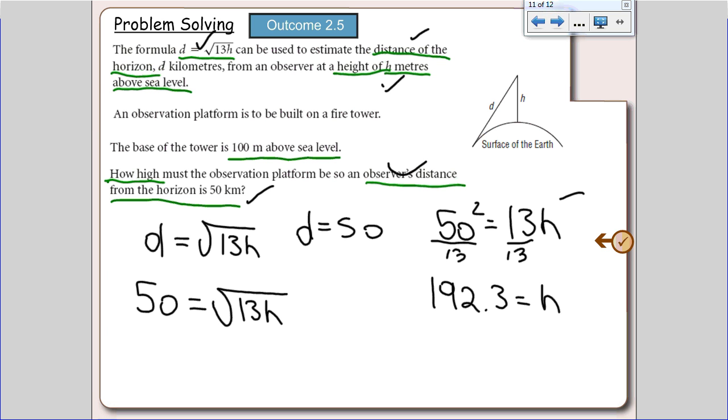So you're already at 100 meters above sea level, but we need to get to 192.3 meters. So how many meters do we have to build a tower? 92.3 meters. So the answer is 92.3 meters because we already started 100 meters above sea level when we started building the tower.